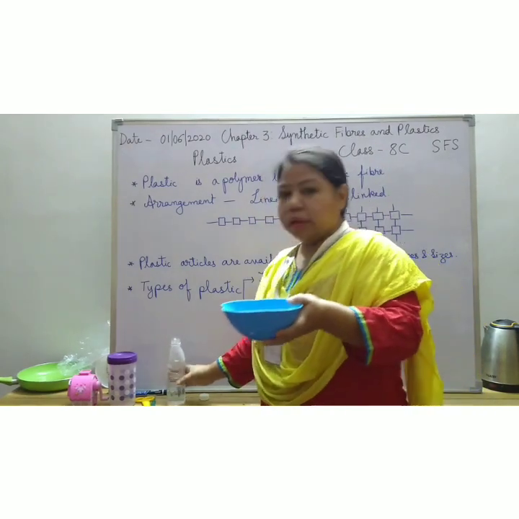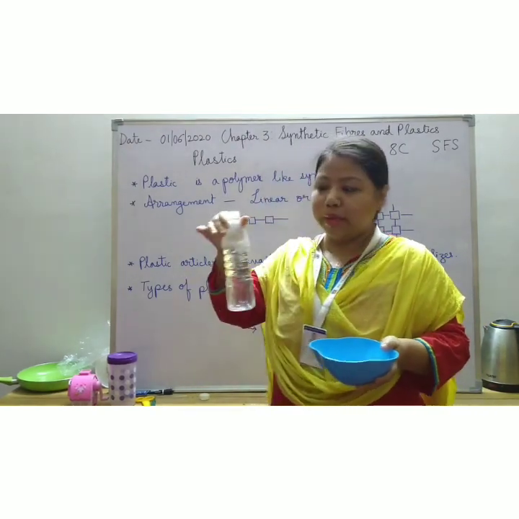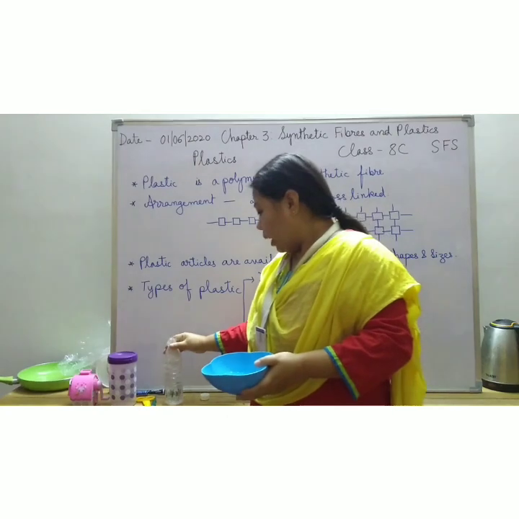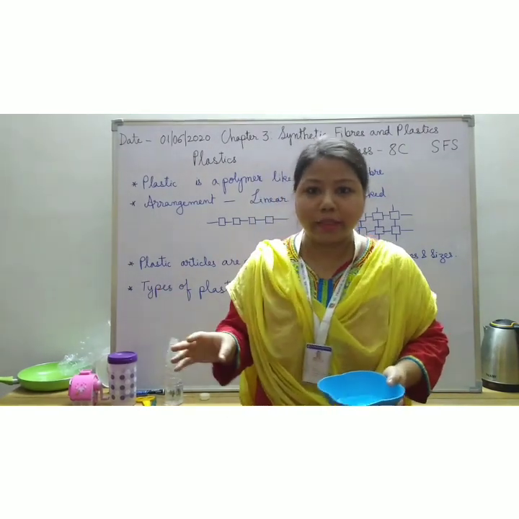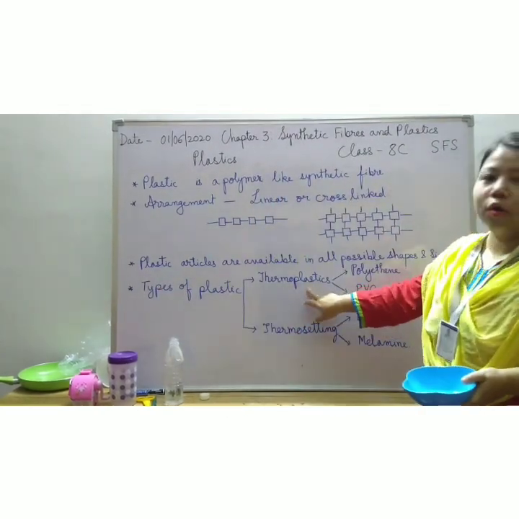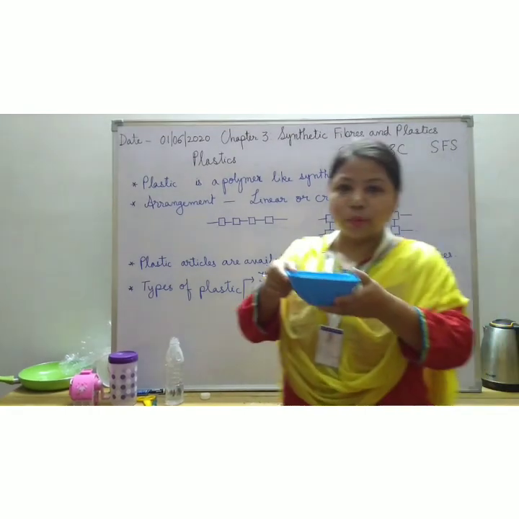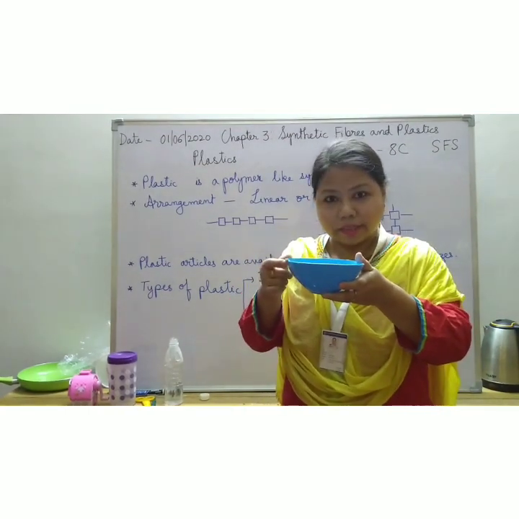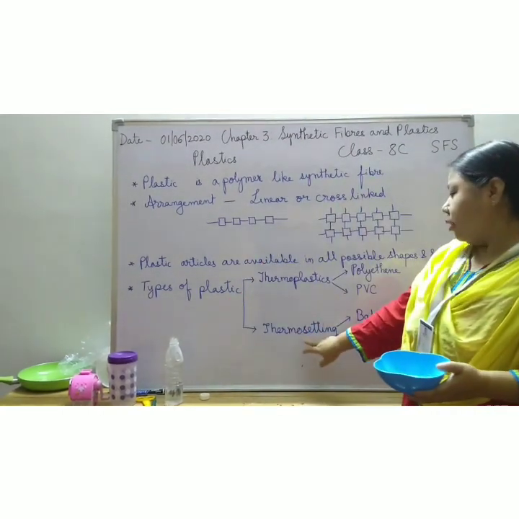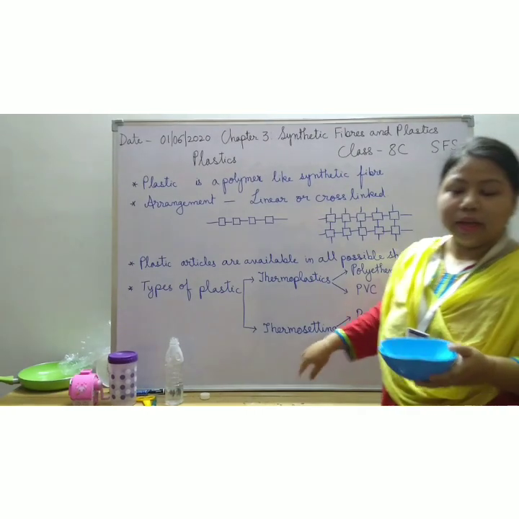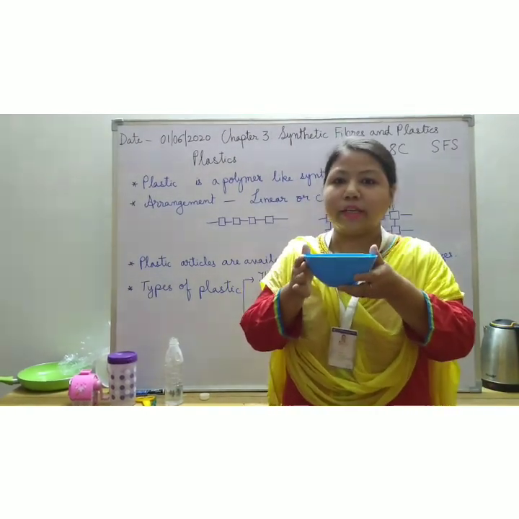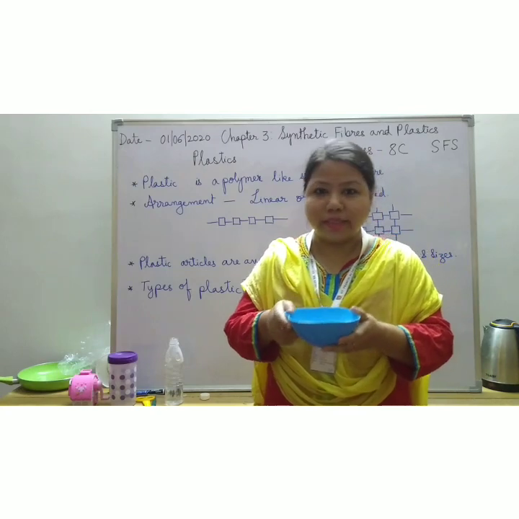Yes, so the plastic which gets bent easily and cannot resist too much heat is called thermoplastic, and the plastic which can resist heat is called thermosetting plastic. It can resist heat and it does not get deformed easily.